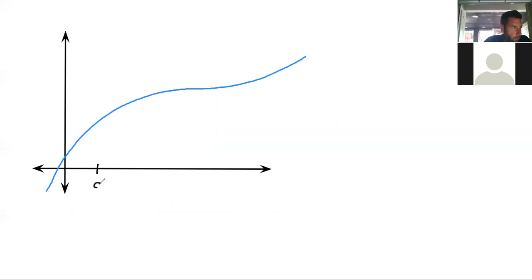Let's call this point A. Let's call this B, and let's just look at having two whatever shapes. If we had a rectangle, let's draw a rectangle in red. And let's say I use a left Riemann sum. If I use a left Riemann sum, what I have is this. So the red is a left Riemann sum.